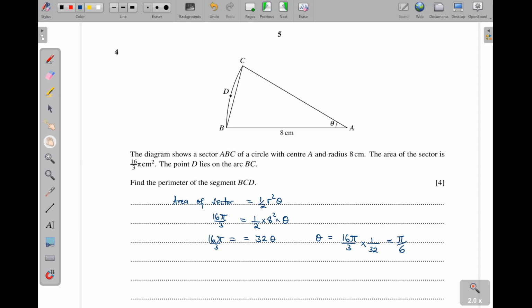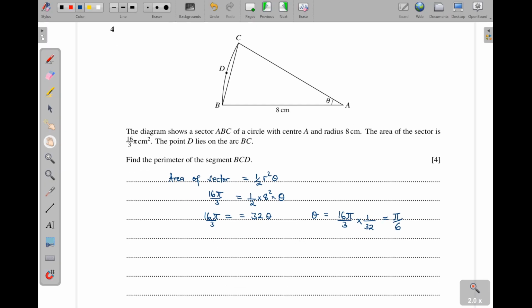Okay, then after that, having gotten the value of theta, we can find this straight edge BC because we know this one has 8 centimeters and also this one has 8 centimeters. Then we know this angle here, that means we can use the cosine rule to find BC. Let us now look at the cosine rule.